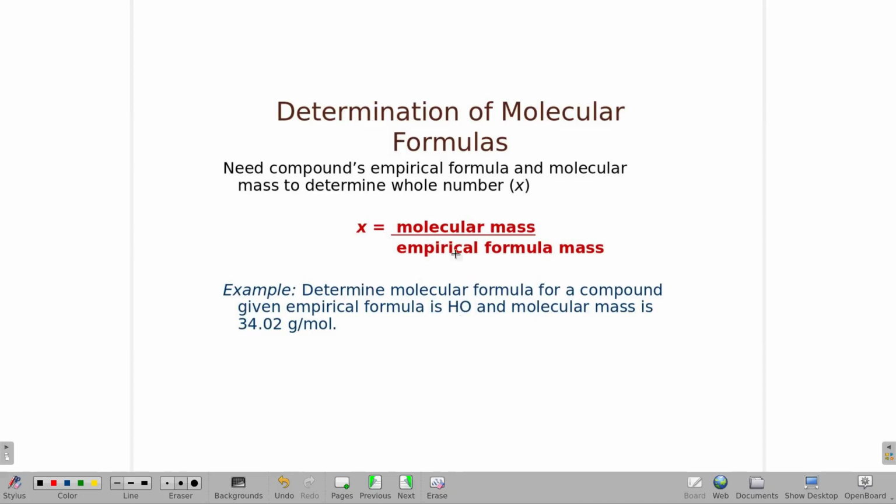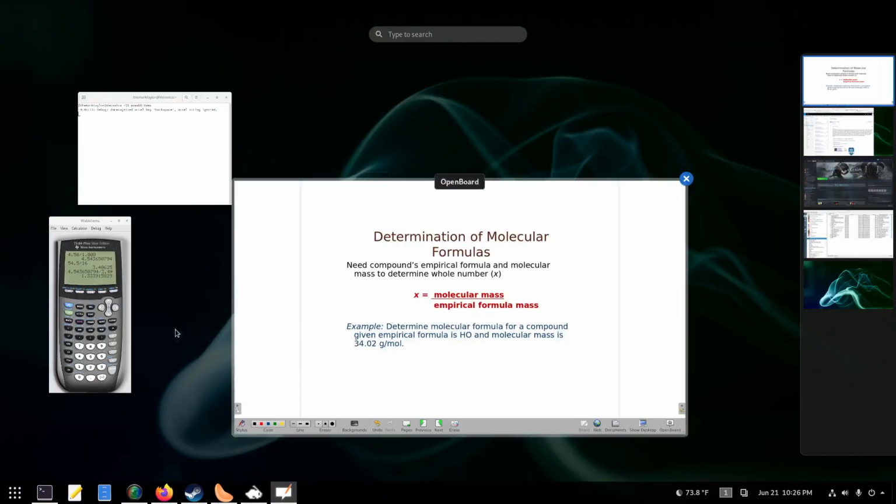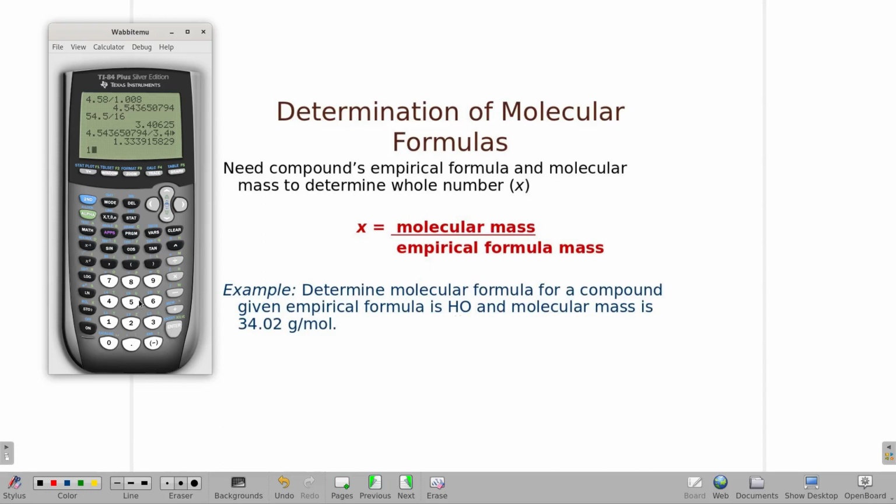So what I need to do is figure out the mass of the empirical formula compounds. So that's a hydrogen and an oxygen. A single oxygen has a mass of 16.00, and a single hydrogen has a mass of 1.008. So HO has a mass of 17.008.